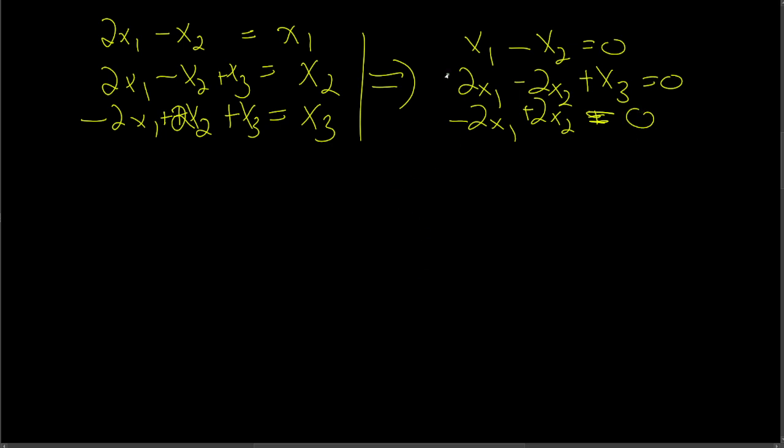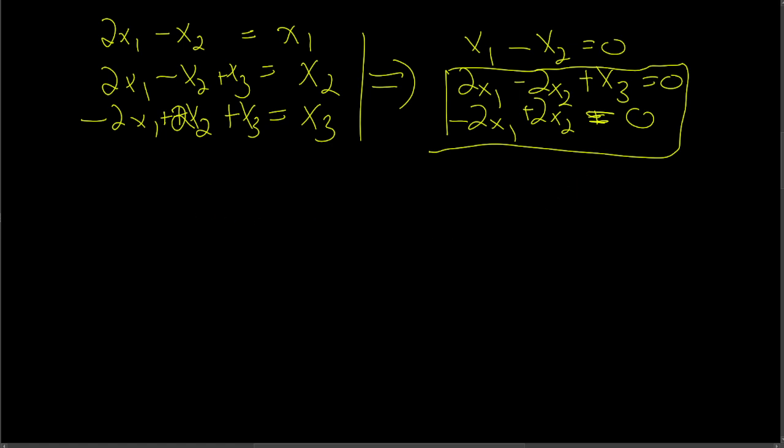And visually, if we look at these two equations, if I bring the negative through, I have the exact same equation here, except this one doesn't have an x3. And so the only way these two could be the same is if x3 equals 0.